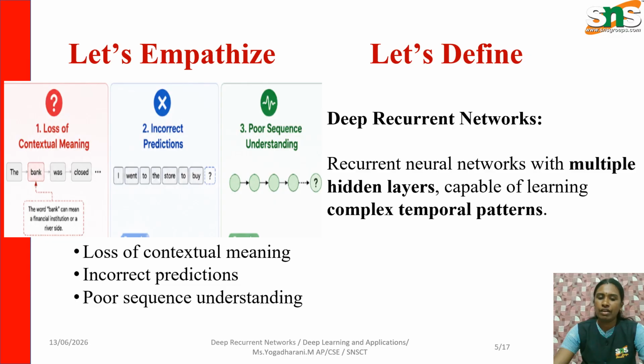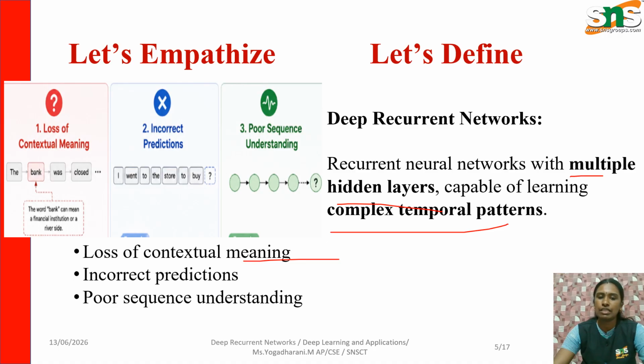Define: deep recurrent neural networks contain multiple hidden layers. Instead of learning one simple pattern, they can learn complex temporal patterns. The problem here is loss of contextual memory, because important information from early time steps is forgotten.